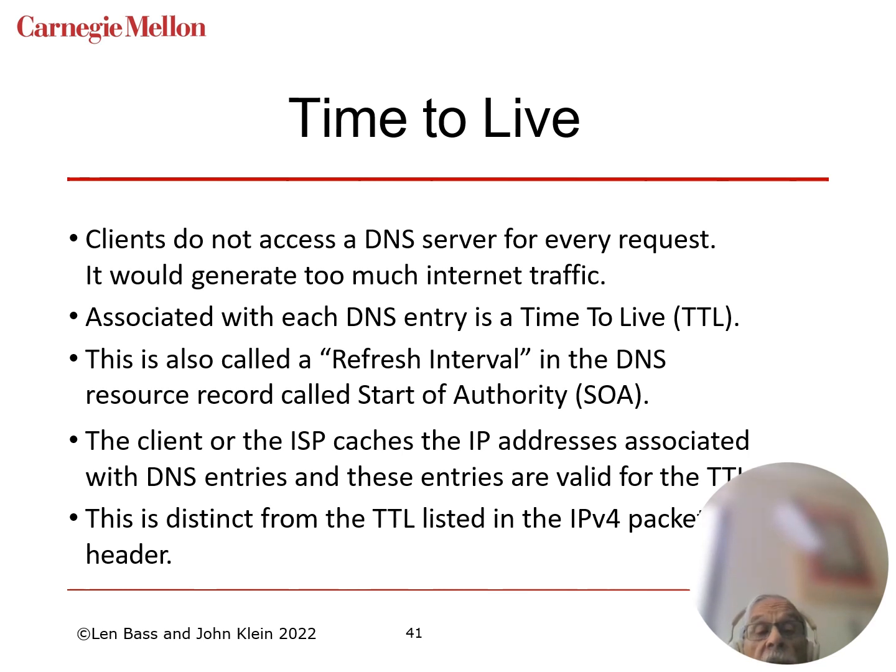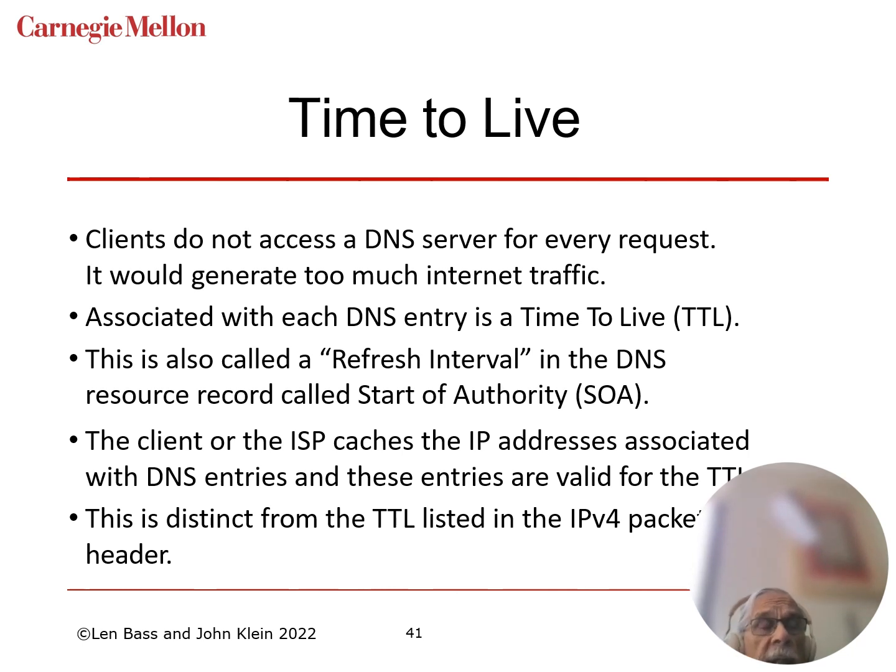Okay, so clients do not access the DNS server for every request. It would generate too much internet traffic. And so associated with each DNS entry is something called time to live, TTL. It's also called refresh interval. And it's different than the time to live in the protocol. So that gets a little bit confusing if you push into this. And the client or the ISP caches the IP address.